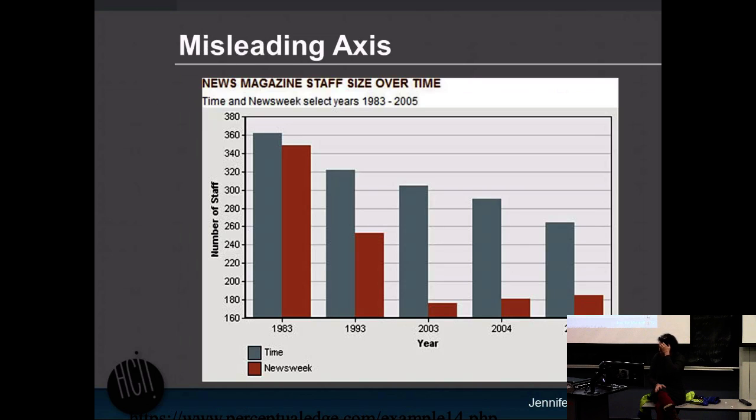So here's another example with a misleading axis. This is showing news magazine size over time. So there's several problems with this. I just mentioned one of them that you should be seeing right away. What's wrong with the y-axis? It starts at 160, right?